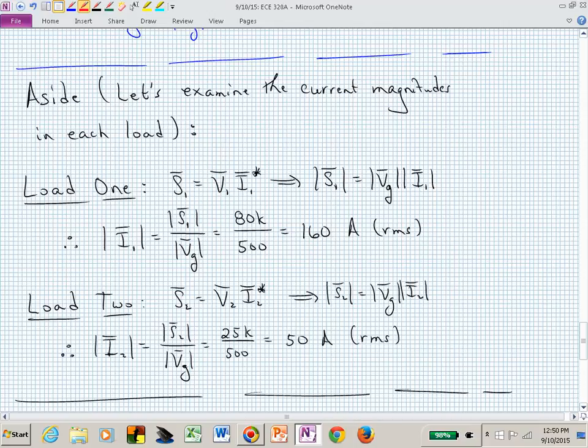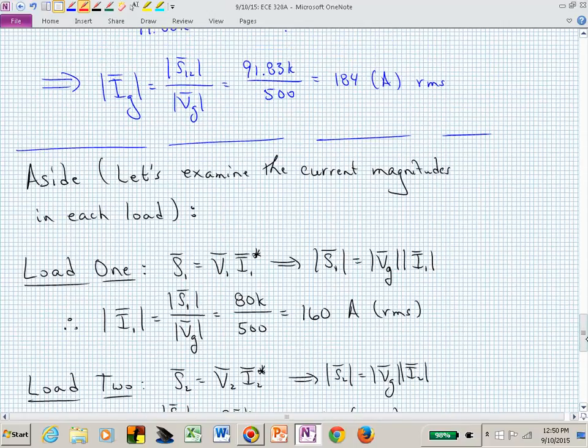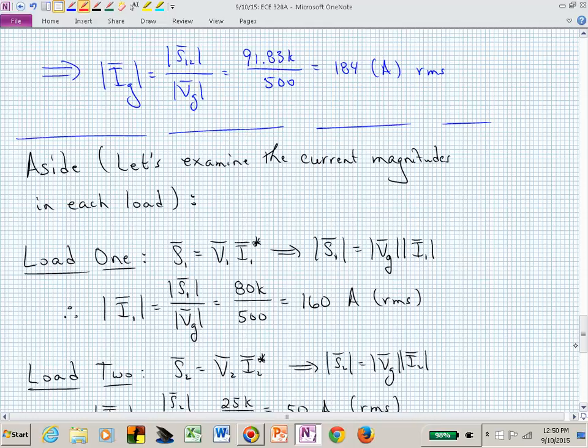And I think you can see that 50 plus 160 is not equal to 184. Those are just magnitudes. And remember, if we're trying to do a KCL or a KVL, we need to make sure that we're using complex arithmetic. We do things vectorially.